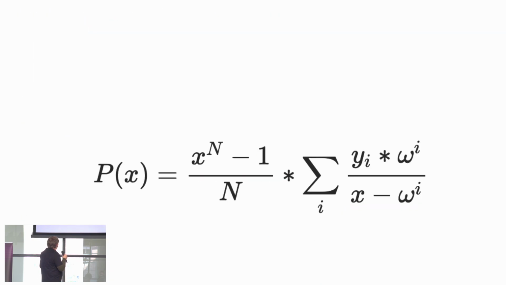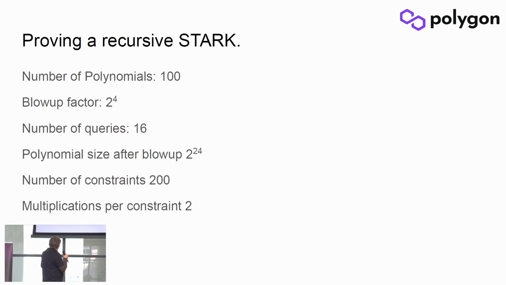And here I put, let's see here. Instead of 1,000 polynomials, I just put 100 polynomials. We have a blow-up factor. Instead of 2, I put 2 to the 4. So in this case we only need to do 16 queries.